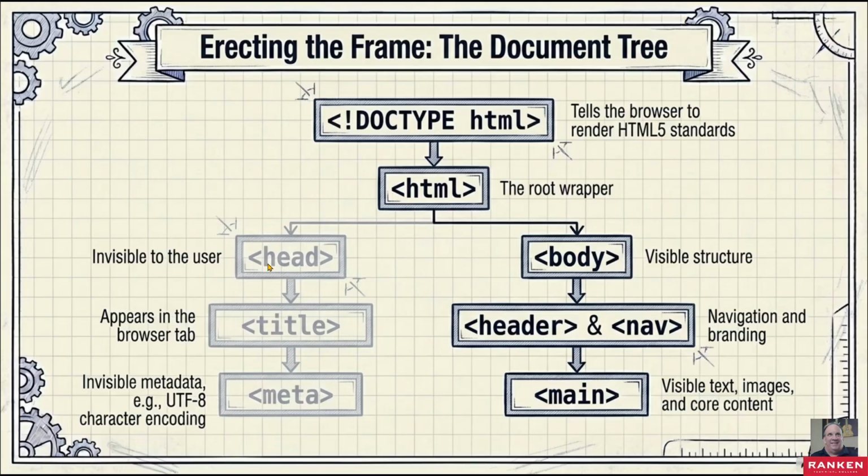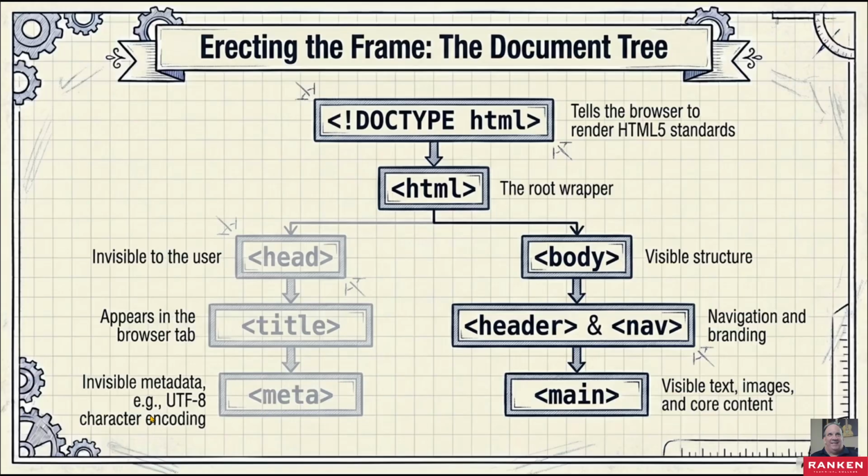Then there's a title. This appears in the browser tab. So if you look at the top of Chrome or whatever, and you have multiple tabs open, whatever the title is, that's what will be in there. Even though you put it in the code, that's where it displays.